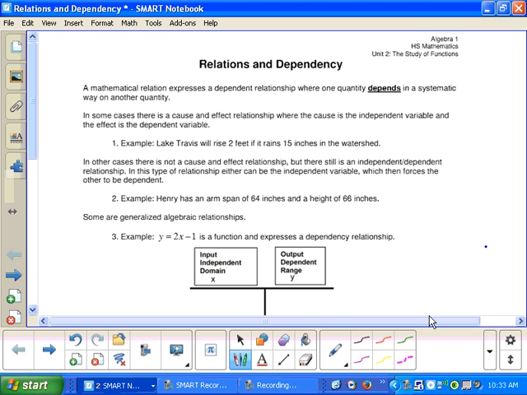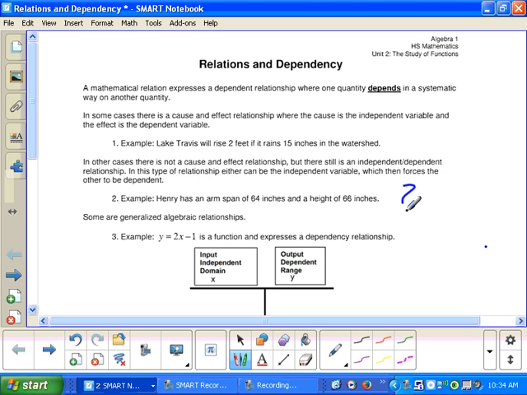In some cases there's not a cause and effect relationship. There may be a correlation, but not necessarily this has to happen first. That's an example like this one. We won't see a whole lot of these, but in this case it doesn't matter if you measure the arm span first or the height first. So you do have a few of those situations that really could go either way.